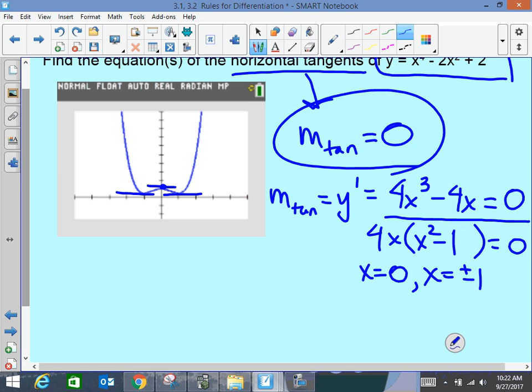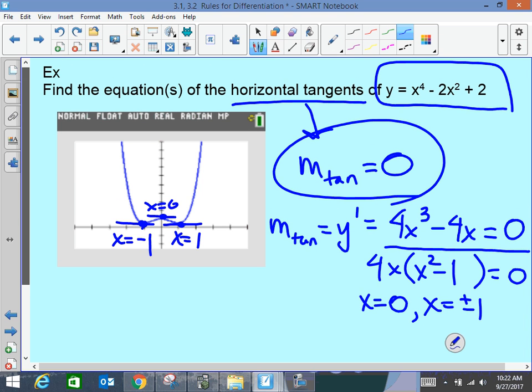There's your 0. There's x equals 1, and there's x equals -1. Okay? Are we done? No, because we're looking for equations. All right, now just like Lauren already mentioned, this probably is the same equation.